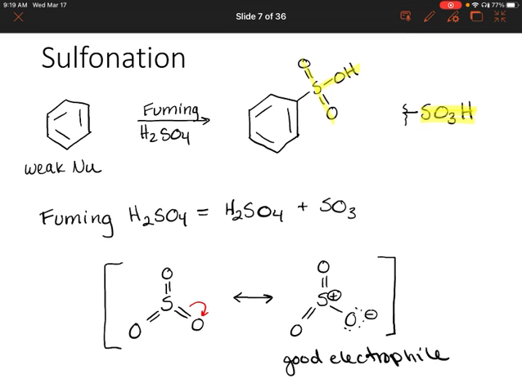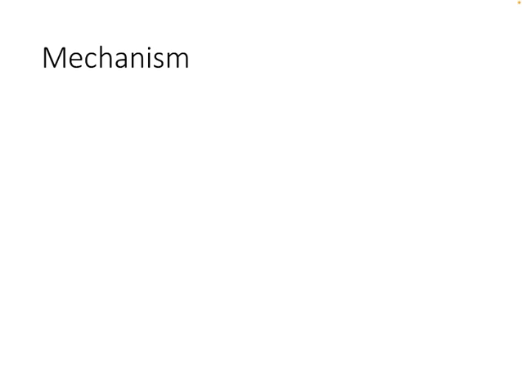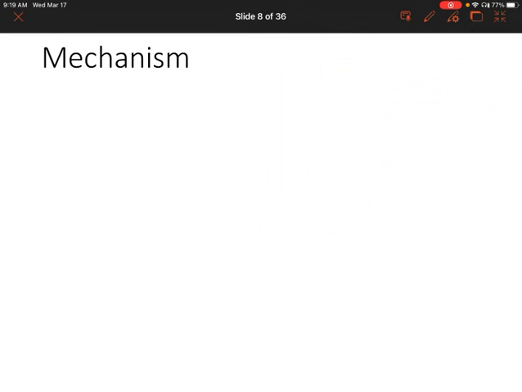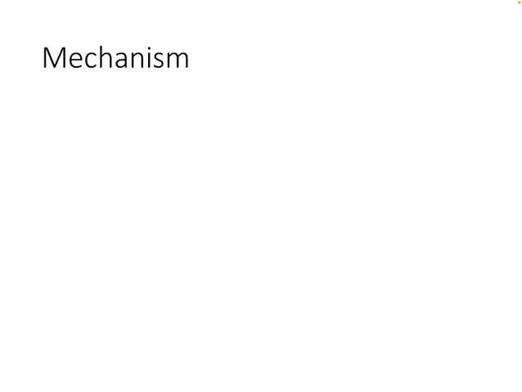Okay, so let's look at the mechanism for this reaction. So how do we end up with that final product? So again, we're starting with benzene, and we would write fuming sulfuric acid, but what benzene's really reacting with is that sulfur trioxide. So we'll draw that.